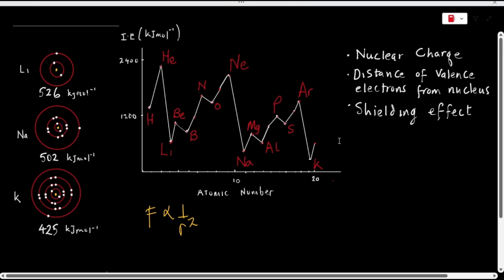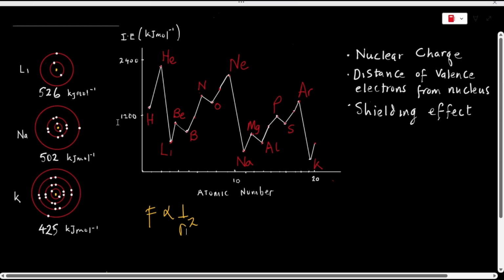So as you go down the group, the nuclear charge, the distance of the valence electrons from the nucleus, and of course the shielding effect, play a very important role in rationalizing the decrease of the ionization energy values of elements down the group.